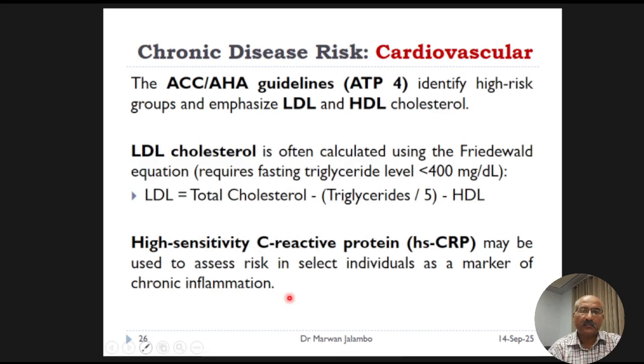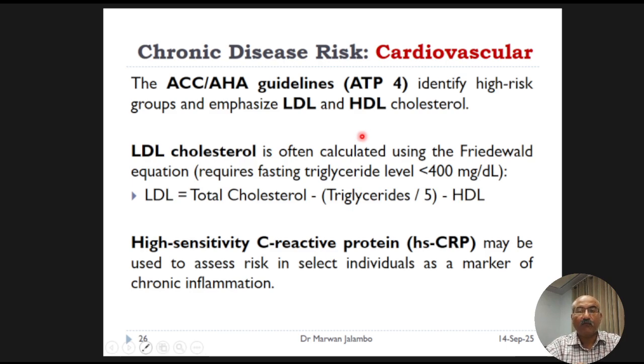The current guidelines from the American College of Cardiology, ACC, and the American Heart Association, AHA, identify and emphasize LDL and HDL cholesterol as the primary markers of assessing cardiovascular risk. A standard lipid panel will give you total cholesterol, HDL (high density lipoprotein), and the triglycerides.